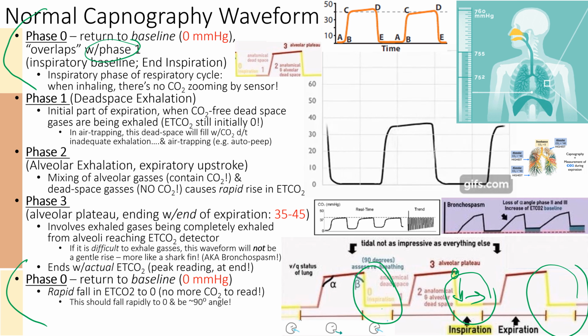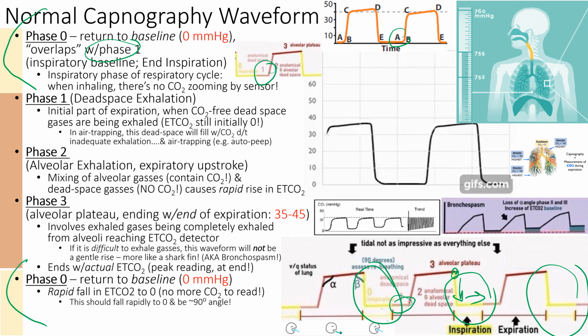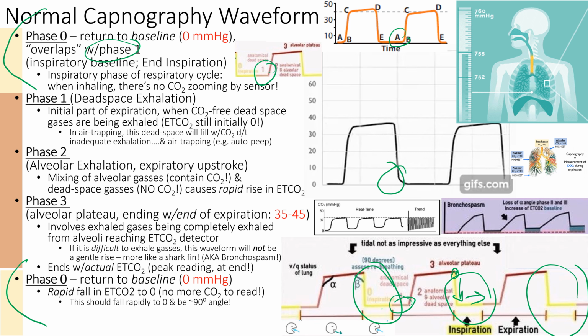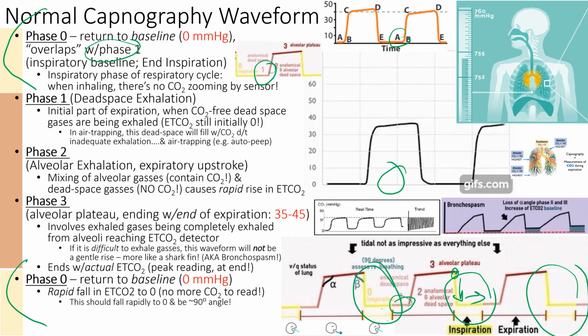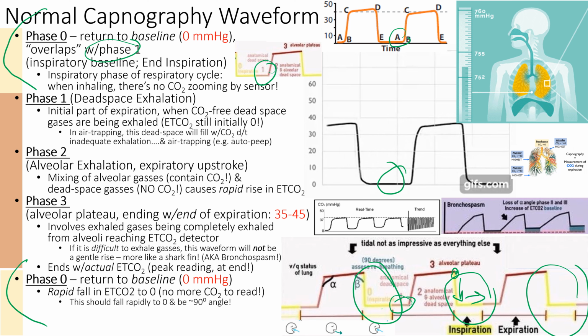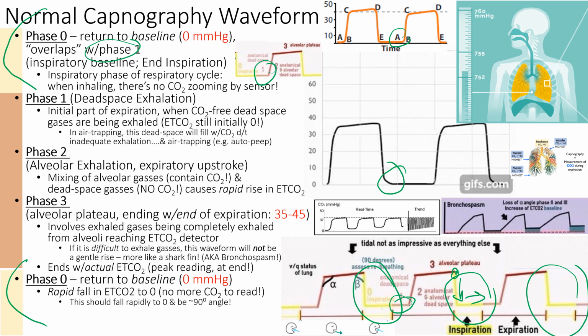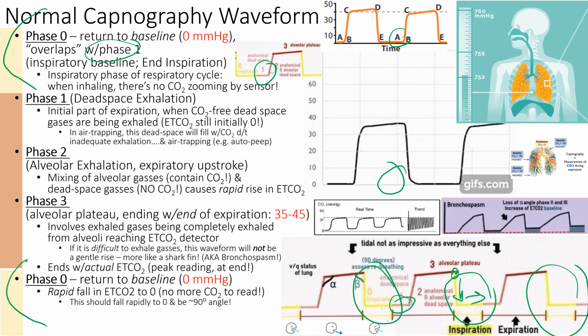It overlaps with phase 1 a little bit because phase 1 starts halfway there, right? So right there, phase A or phase 1, we're blowing out all the air that's in our bronchus and trachea. Remember that air has no CO2 in it, so that has to leave first. And then you're going to see the CO2 start to climb up dramatically because CO2 is right behind it, right from the alveolus.